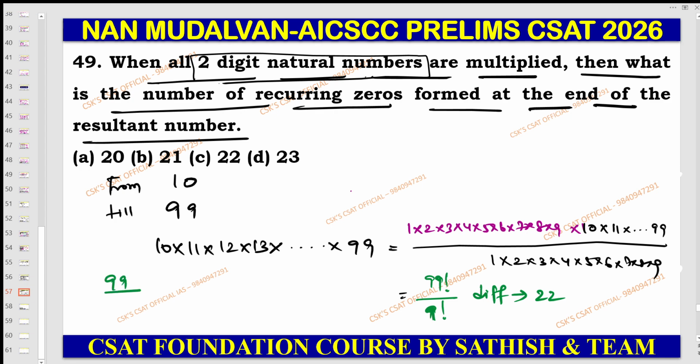Dividing 99 by 5, you get 19, and 19 by 5 you get 3. So 19 plus 3 becomes 22. Minus 1, why minus 1? That also you know, right? For 9 factorial, how many such zeros will be there? 1 time only, because the quotient of 9 by 5 is 1. So the difference is nothing but 21. Guys, getting?